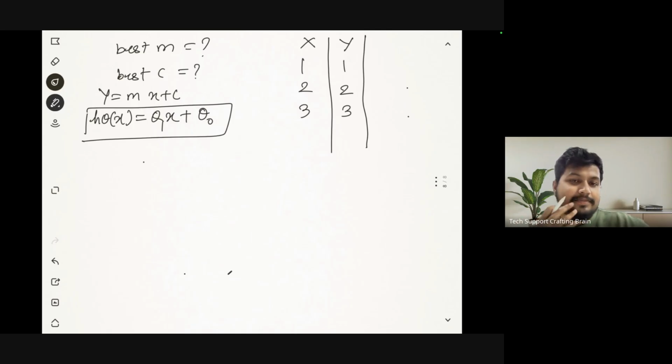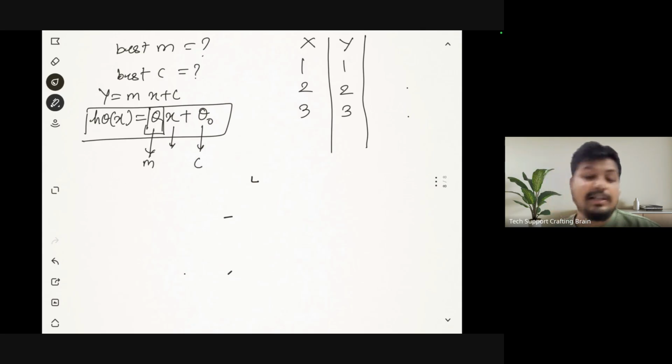Yes or no, guys? Just see the formula. Theta 1 is what? Theta 1 is nothing but your m value. X is your input data. Theta naught is your c value.